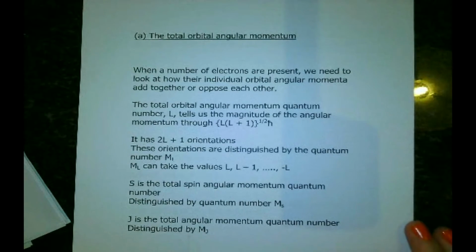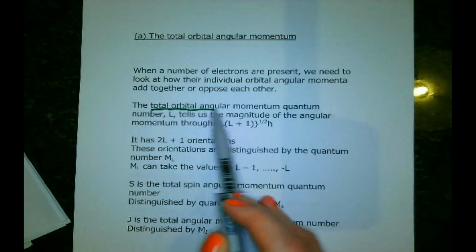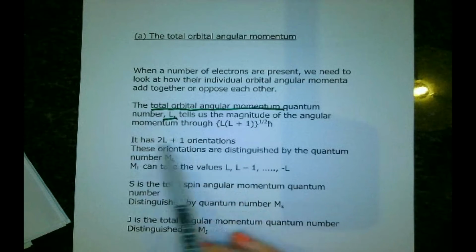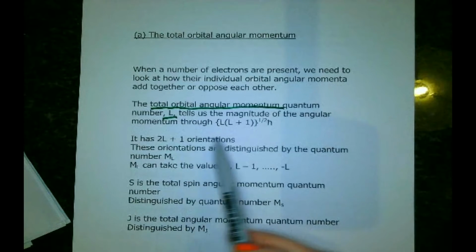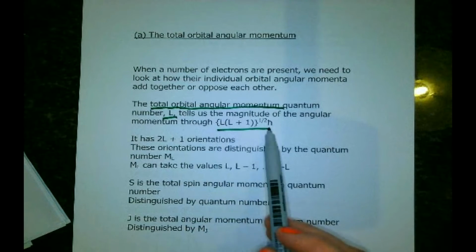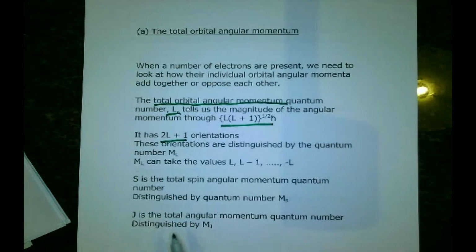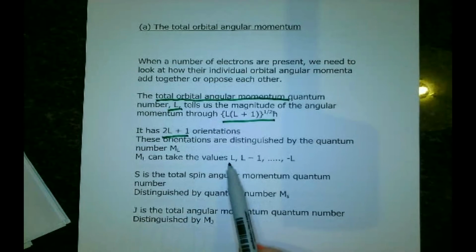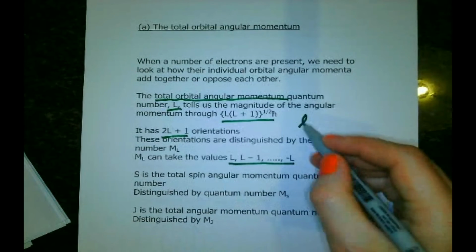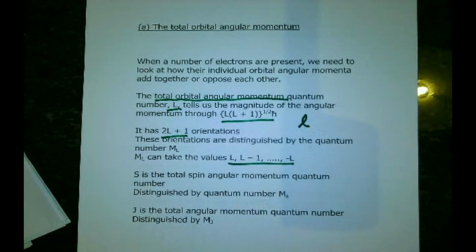So this is given in your notes in this text. The total orbital angular momentum quantum number L. There you have the magnitude, the number of orientations, and the number of values. And this is just exactly the same as we had for orbital angular momentum.